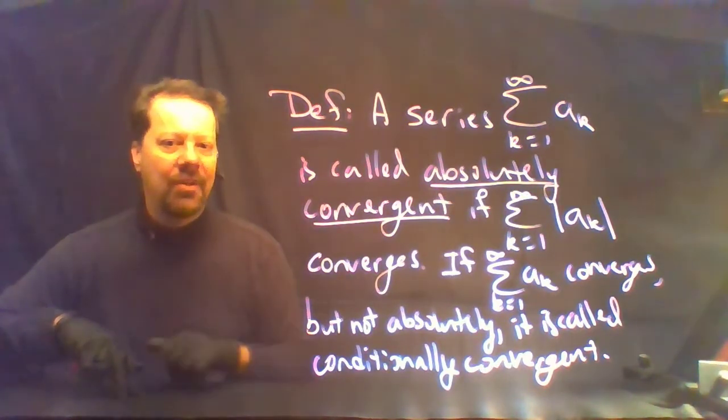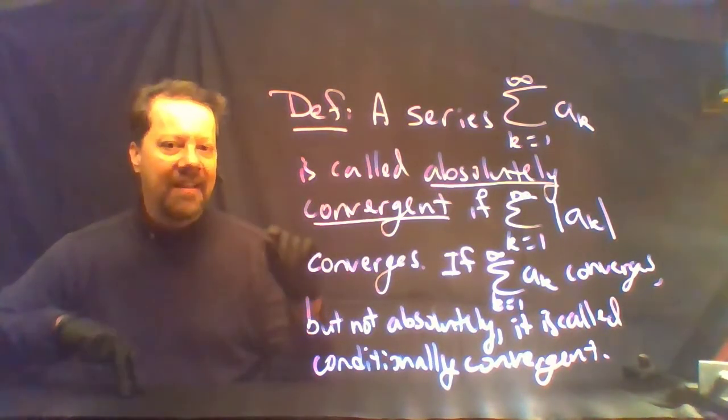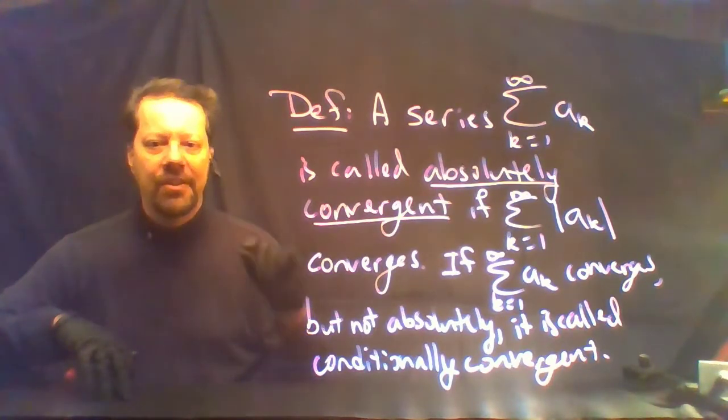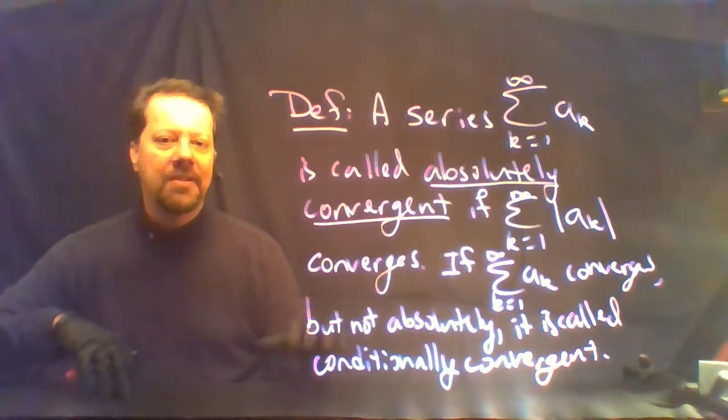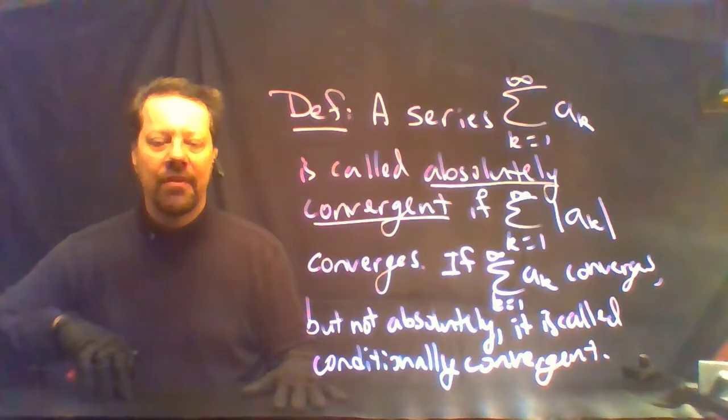It's easy to show, and we will at some point, that there is a rearrangement of the terms of a conditionally convergent series so that you can make the series converge to anything you wish. Since I mentioned the failure of the commutative law of addition for these conditionally convergent series, let's go ahead and show that.